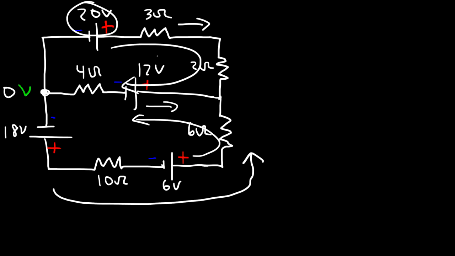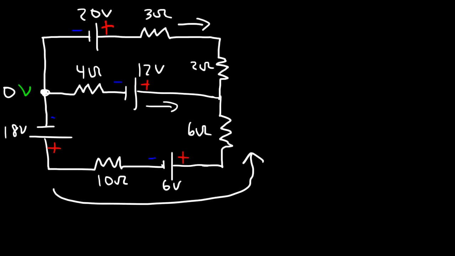So it makes sense that the current in this branch is going in that direction towards the left. Because the 24-volt battery wants to send current in this direction, which is greater than the 12-volt battery, and a 20-volt battery also wants to send current in that direction, which is greater than the 12-volt battery. So I believe there's going to be a net current going in this direction.